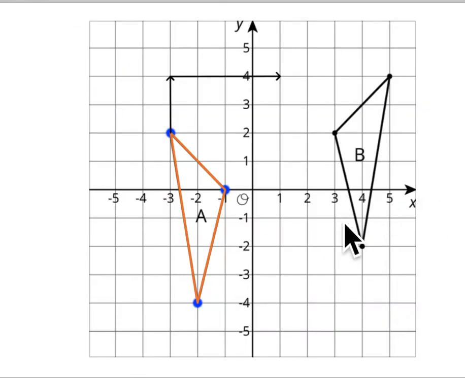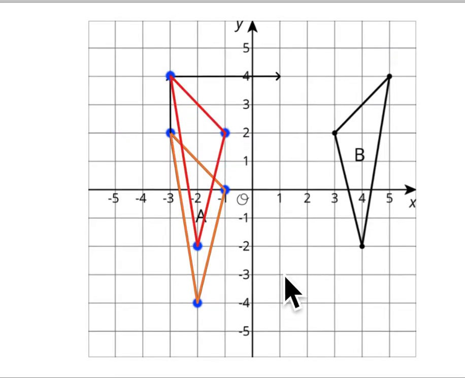Next problem, you're supposed to do a sequence of transformations moving A to B. Lots of ways to do this. You could actually reflect A this way first, so that the reflection is right here. So it ends up right here, and then translate this image over to B. What I chose to do is translate it first.